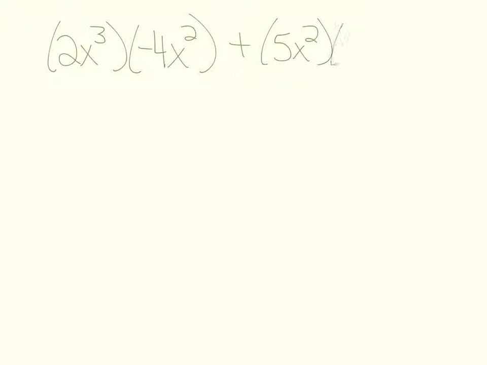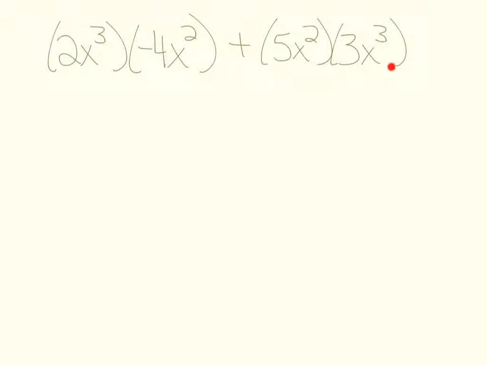One more type of problem we want to look at with this section. 2x cubed times negative 4x squared plus 5x squared times 3x cubed. Now, since we have this addition here, we have to look at this multiplication and this multiplication.